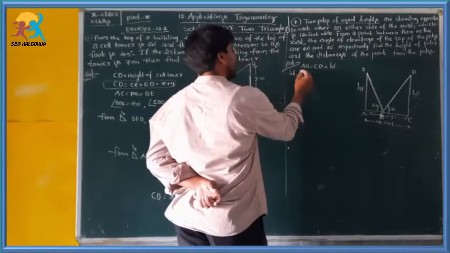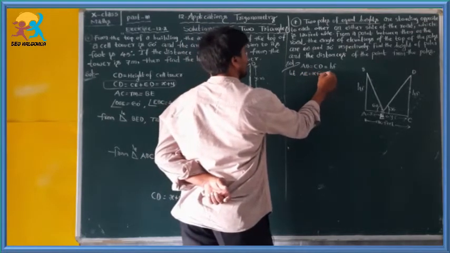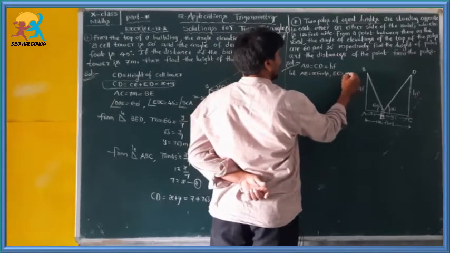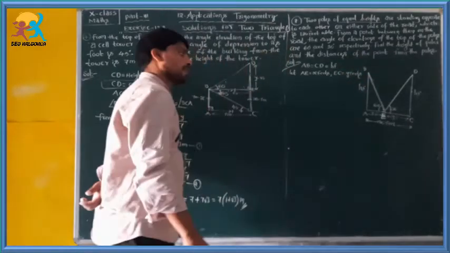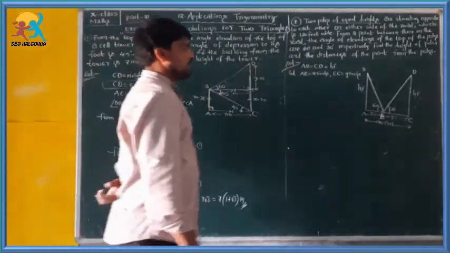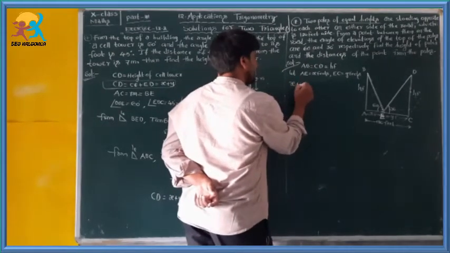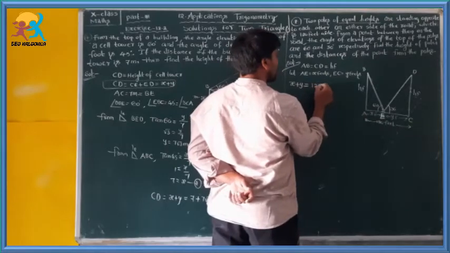That is, we let AE equal X feet and EC equal Y feet, and the total distance X plus Y is AC, that is 120 feet.